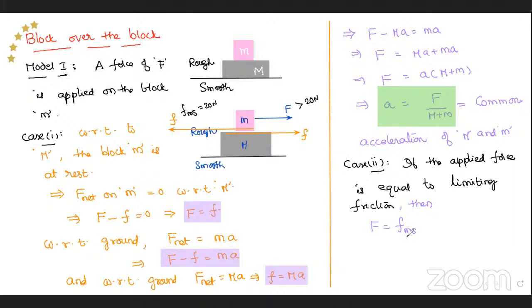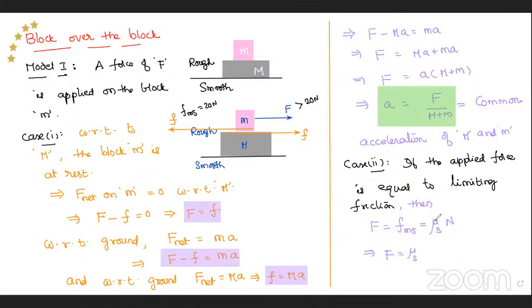Correct, Nana? If F is equals to FMS, I can write it as mu S into N. Okay. Then in that case, I can write F is equals to mu S into N.